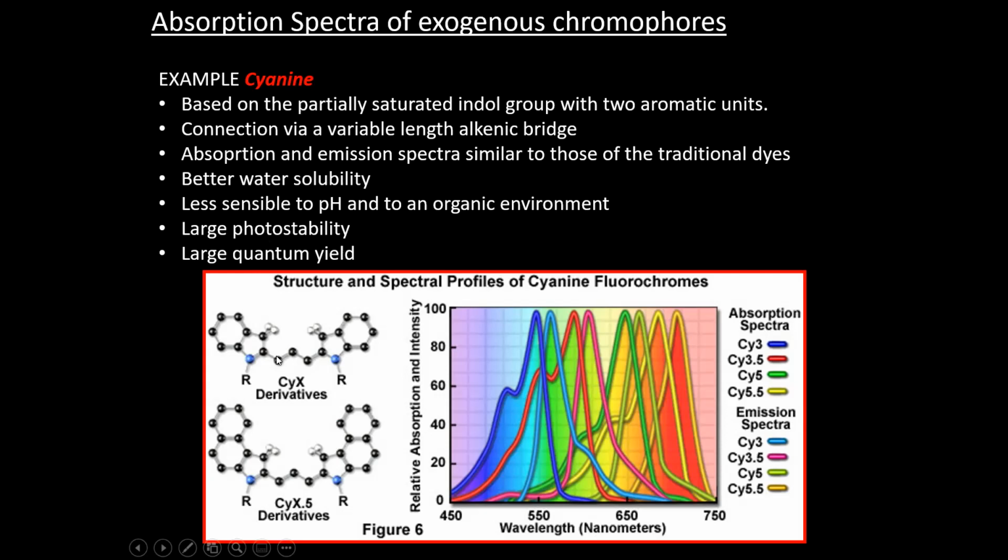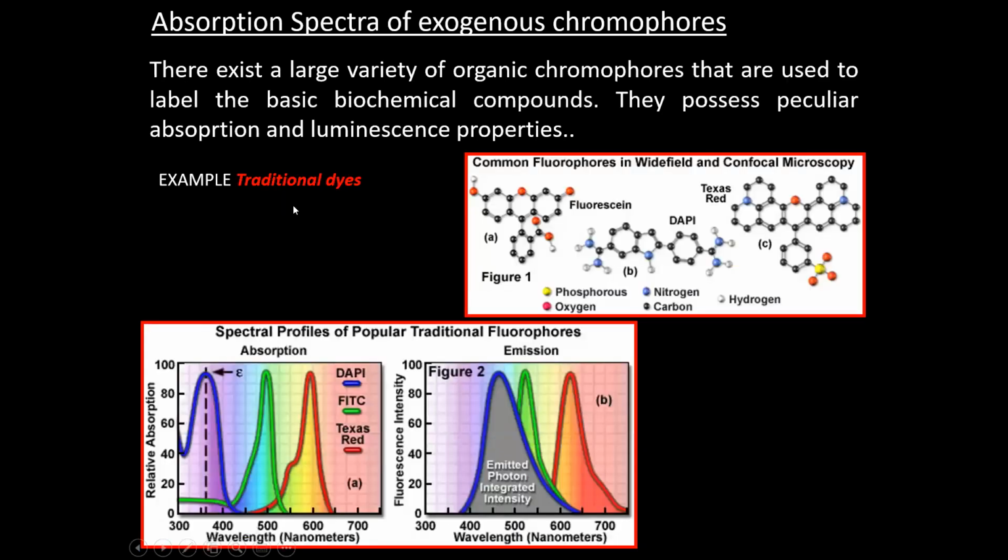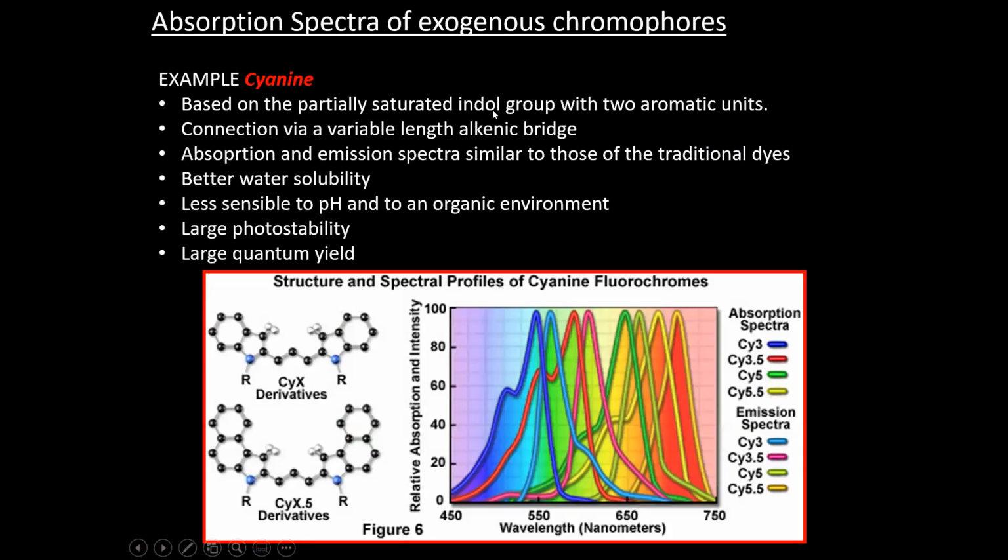Okay? Now, we will go back to these properties of the cyanins when we discuss fluorescence. For the moment, you have a list of reasons why the cyanins are better than the standard traditional dyes.